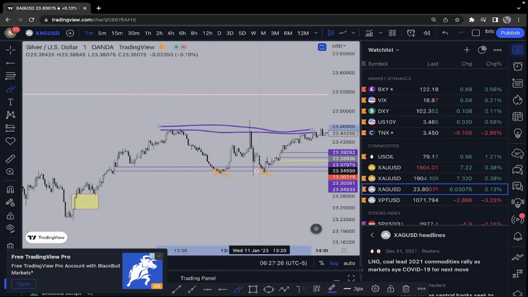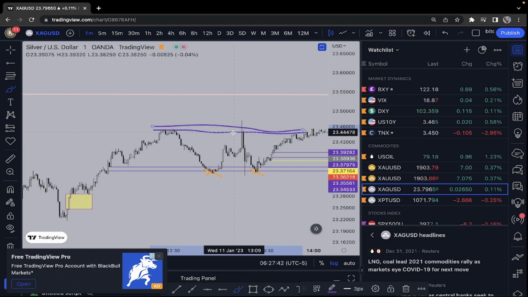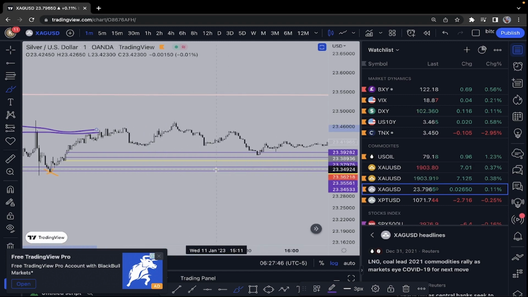As you can see, the market keeps making lows, and then a higher low, while failing to create a higher high. So that to me shows that some accumulation was being done in this region.